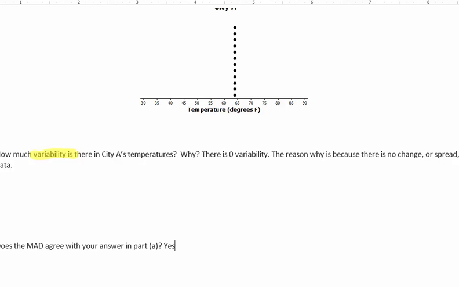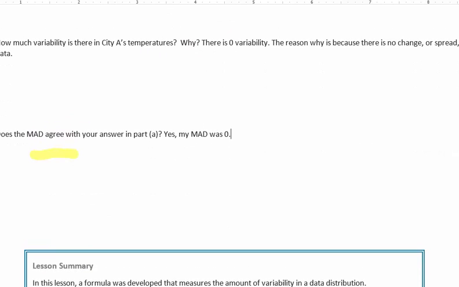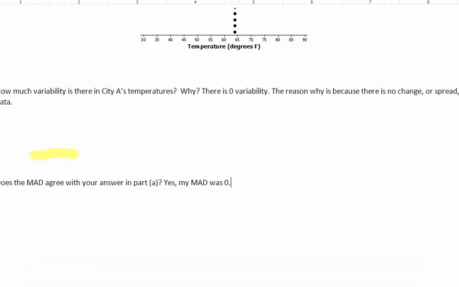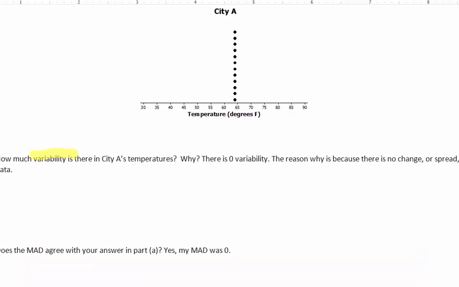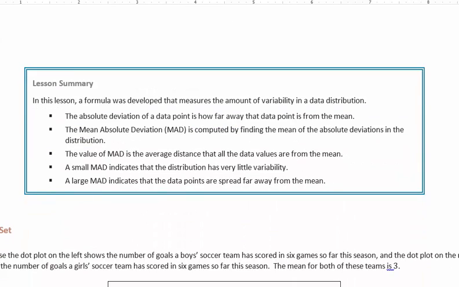Well, yes, my MAD was 0. And what does that mean? Well, that means on average, these dots are 0 degrees away from my mean. These dots are all at my mean, so that means there's no change in them. There's no variability. All right, I know it was a hard lesson.